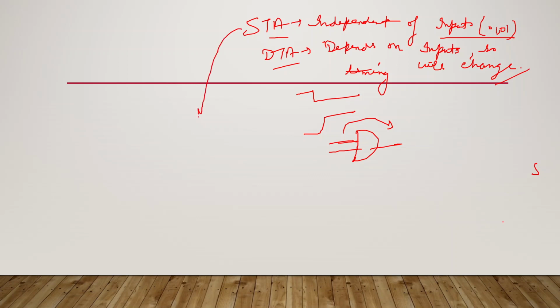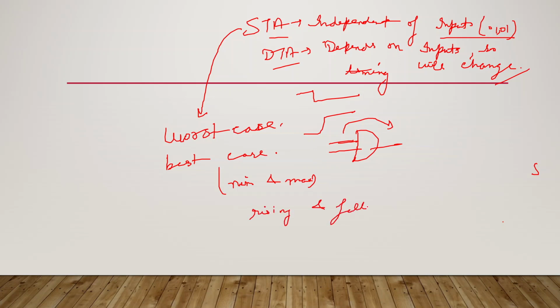Just remember, in STA we are considering the worst case and the best case. That means min and max, and rising edge and falling edge. This is the basic you need to understand about why we are using the STA.